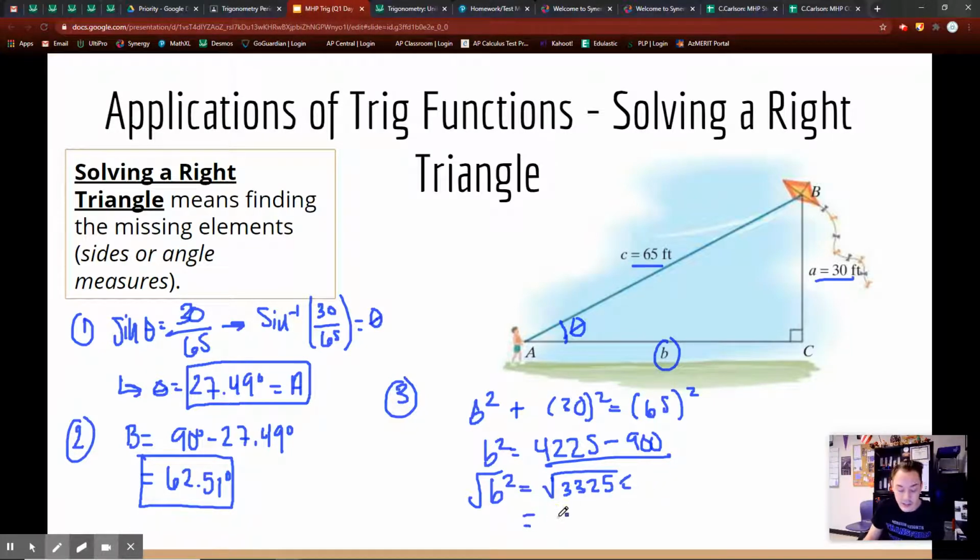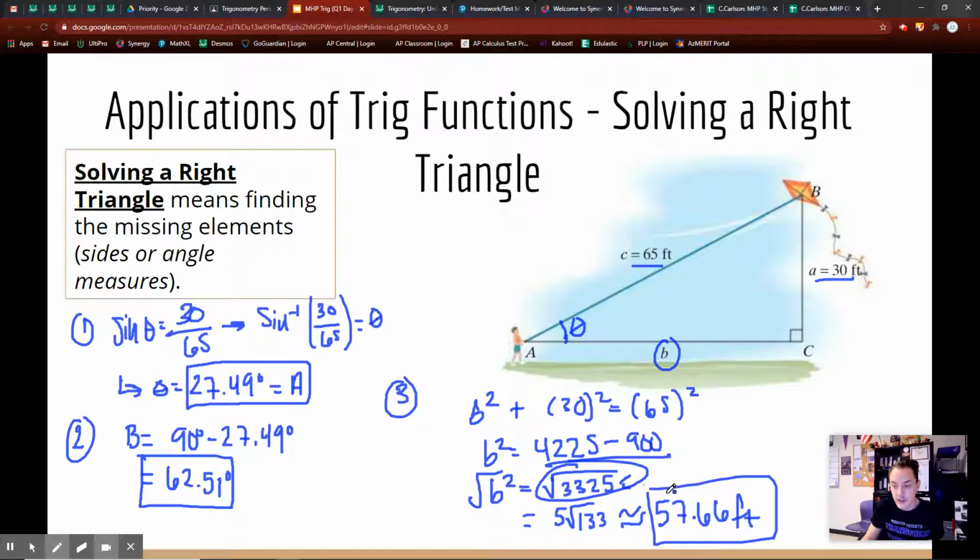This actually does break down to 5 times radical 133, but it doesn't really matter. Most of the time, Math Excel is going to ask you for the decimal, which means if you want to just straight up plug that into Desmos, then you can, but my actual answer is 57.66 feet, roughly. Okay, so that is B.